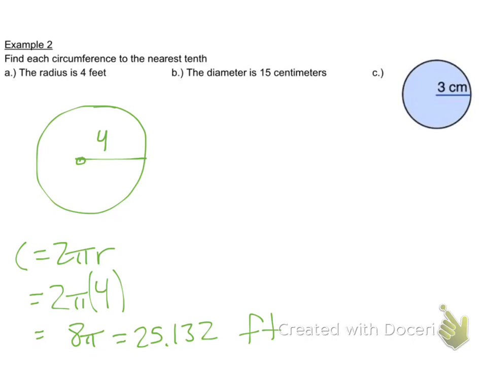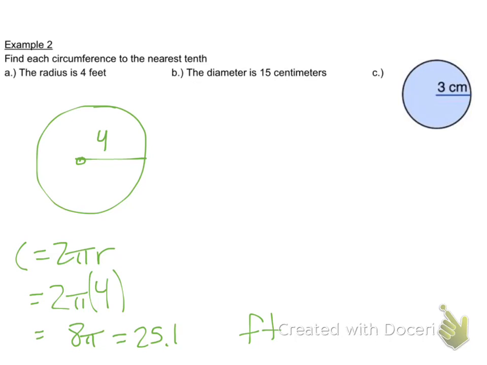It's not 25.132, it's 25.1. Remember, you look at the next number behind it. If it's lower than 5, you round down. If it's a 5 or above, you round up. So technically, those are gone. It's 25.1 feet. Make sense?